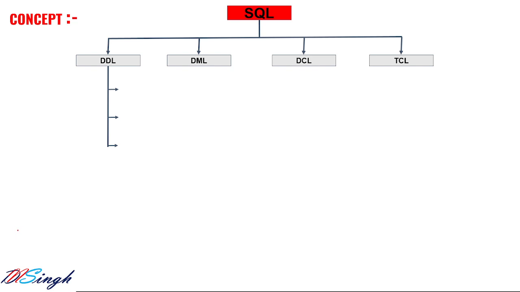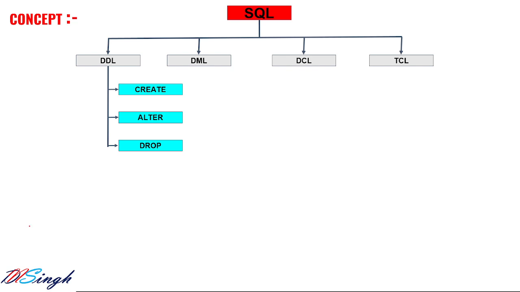Okay, so there are 3 commands we have: create, alter, and drop. Create is going to create the database or table. Alter is going to change the table, column, data type, or rename it, or it is going to remove the column or add the column. Drop is going to be used for removing the table or database permanently from the relational database management system.